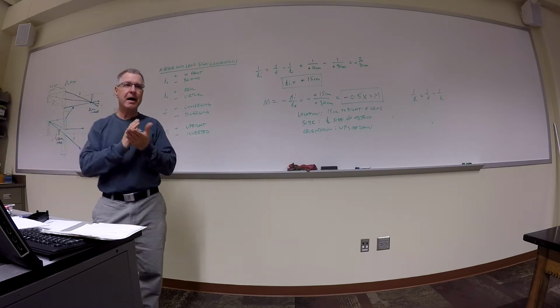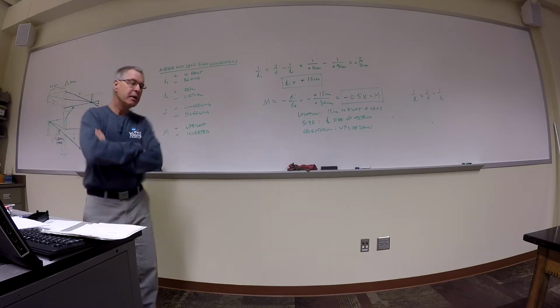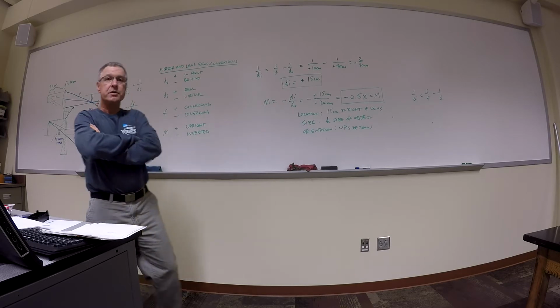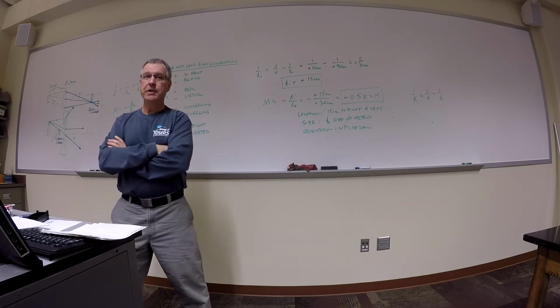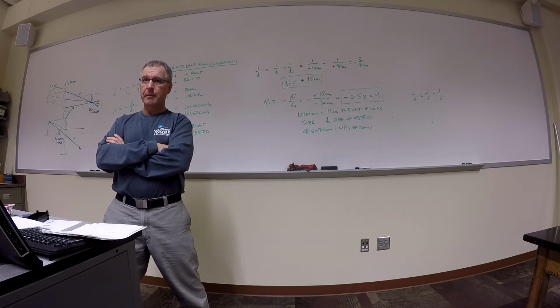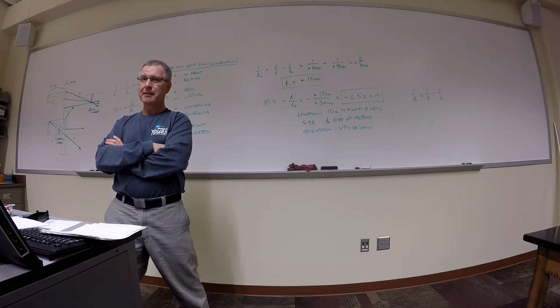Again, if we've got an object that's an infinite distance away, so not 30 centimeters, but an infinite distance away, and a converging lens, where's the image formed? You can do that in your head really quick. And yes, there will be an image.